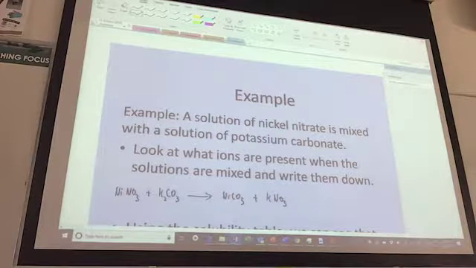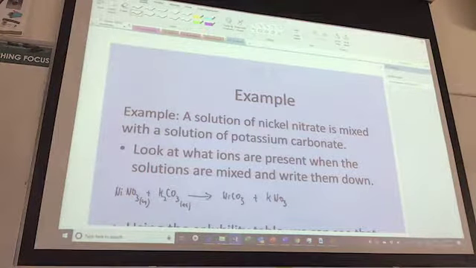So we know that nickel nitrate is aqueous, potassium carbonate is aqueous. So nickel carbonate, is that aqueous? Is that soluble or insoluble? Nickel carbonate.